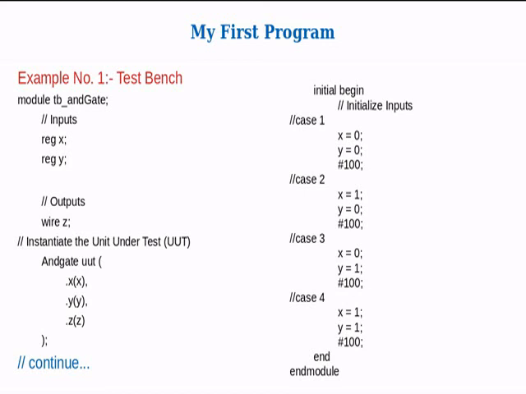After that you have to instantiate the unit under test for the design for which you are writing this test bench. So in this test bench you can see that X, the first input, is connected to reg X, the second input Y is connected to reg Y, and the Z output is connected to wire Z in the test bench.